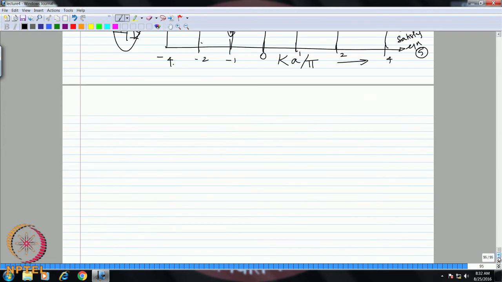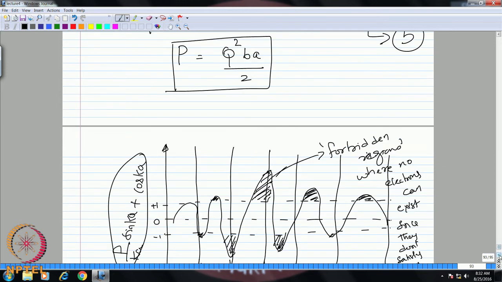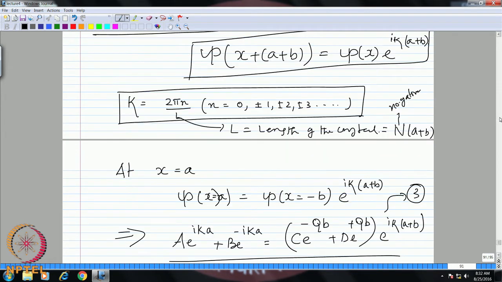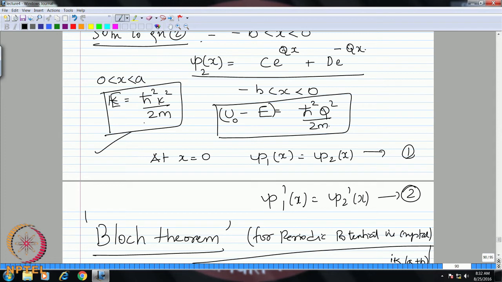So, now if you want to calculate the energy of the electrons, what do we do? We simply put vertical lines, and that gives the corresponding value of k, which in turn determines the energy. That energy is calculated using these relations.